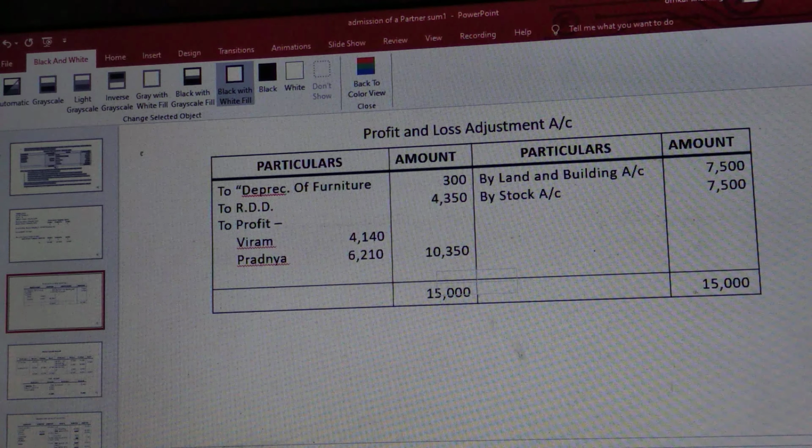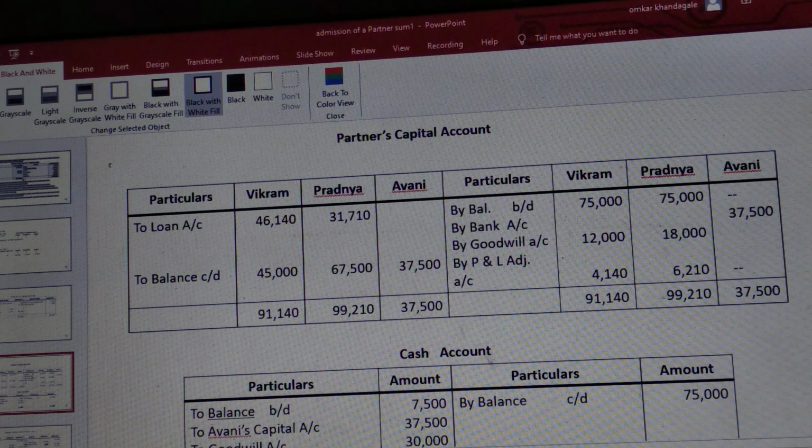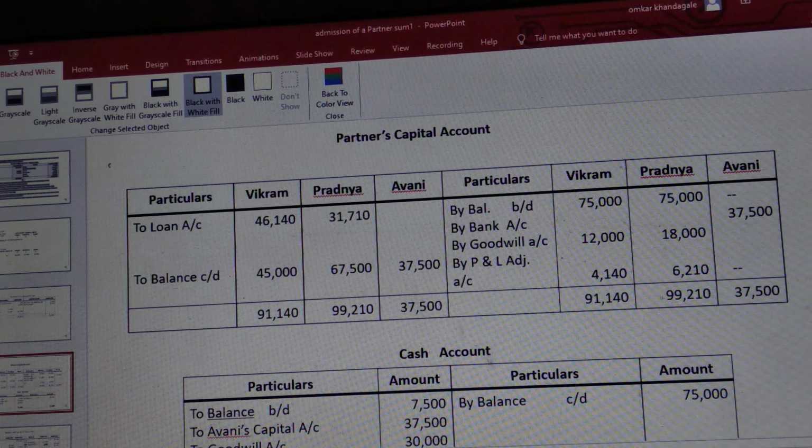Now see what I am going to do. Now I am going to prepare the partners' capital accounts. See, I have prepared 3 partners' accounts. On the credit side, I am going to write the balances. So by balance brought down, Vikram 75,000, Pradnya 75,000. Now Avni has brought rupees 37,500 as capital.